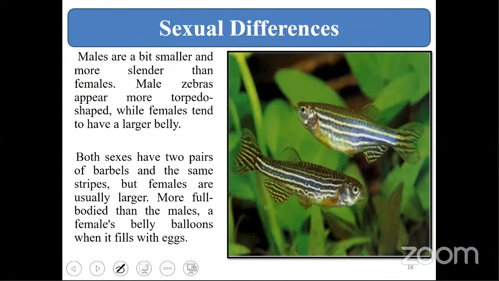More full-bodied than the males, a female's belly balloons when it fills with eggs. You can see it like a balloon in a female zebrafish when it is carrying eggs.